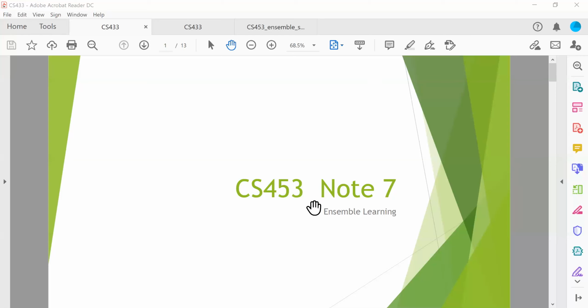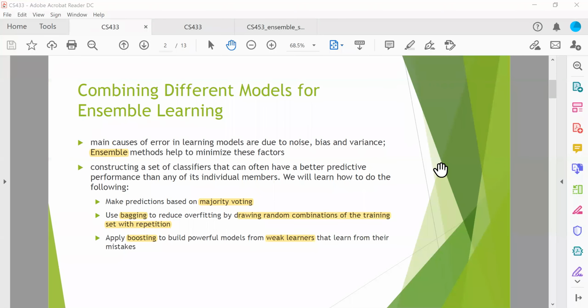And also you can pick the best hyperparameter tuning with grid search, okay? So today is about ensemble learning. Let's see what it's about. It combines different models.